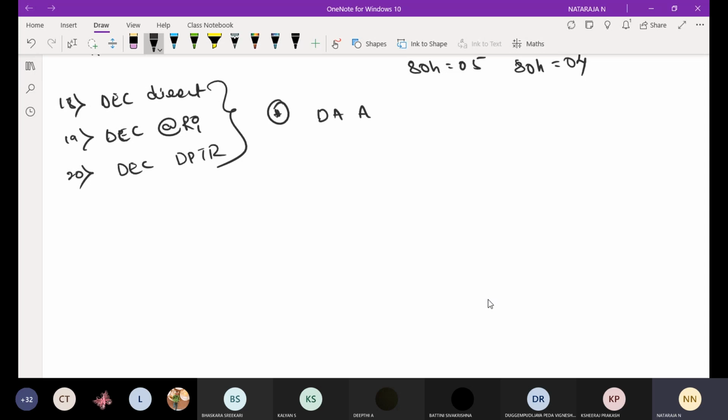Decimal adjustment accumulator after addition, DA A. For the function, you can write: decimal adjust accumulator after addition.